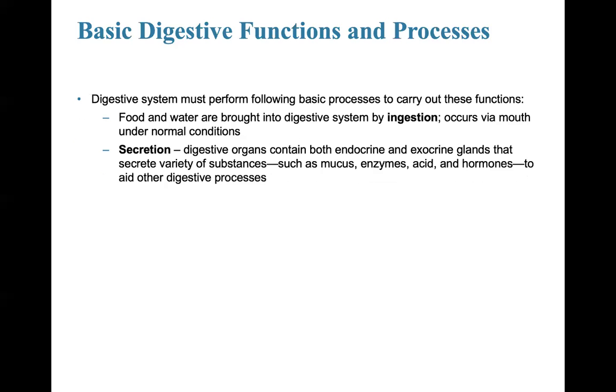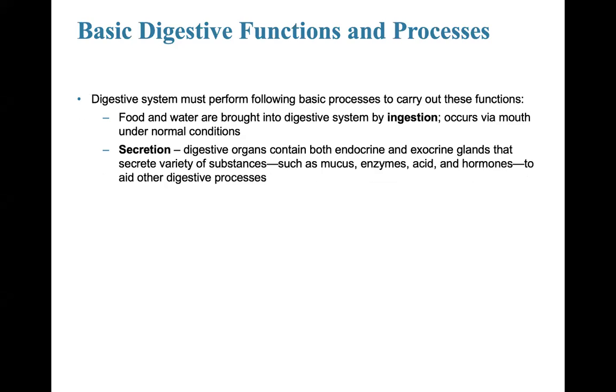The digestive system must perform the following basic processes to carry out these functions. Food and water are brought into the digestive system by ingestion, and this occurs via the mouth under normal conditions. Secretion is when the digestive organs, which contain both endocrine and exocrine glands, secrete various substances.